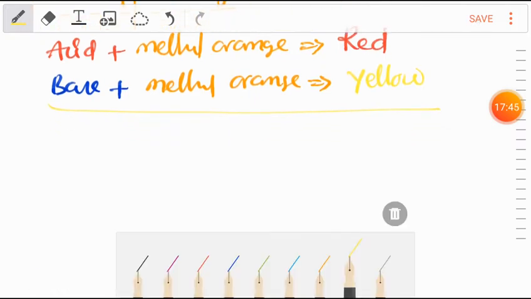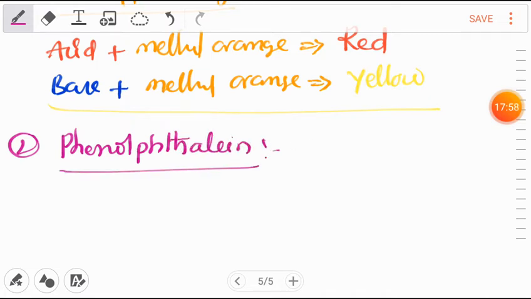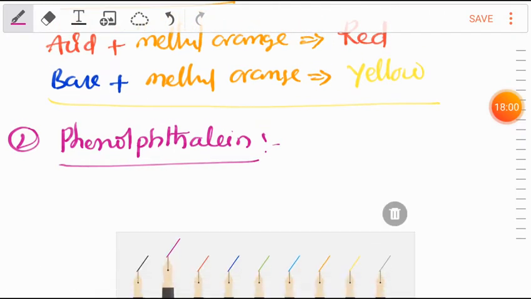Next, second one, phenolphthalein indicator. The phenolphthalein indicator color is actually colorless.